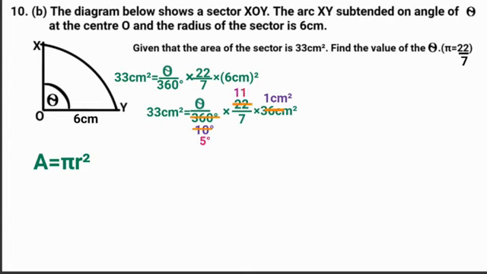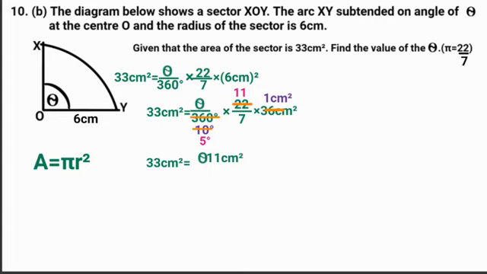Now, as you can see, there are no other numbers that have common factors. So what I'm going to do now is rewrite the 33 centimeter squared. Then I'm going to multiply theta by 11, which gives me theta 11, then theta 11 times 1 centimeter squared gives me theta 11 centimeter squared.